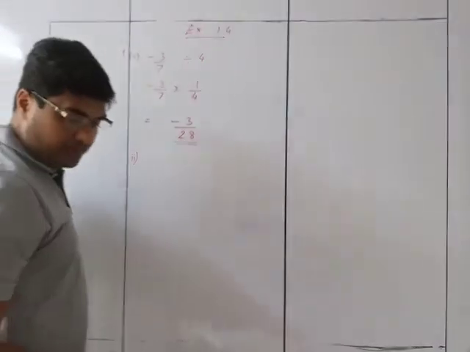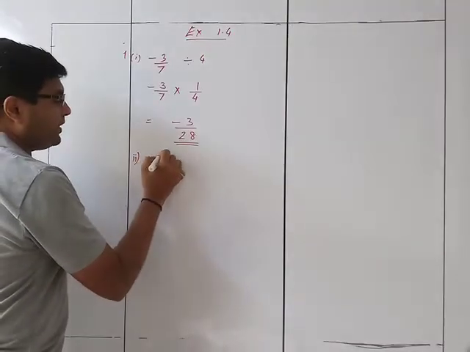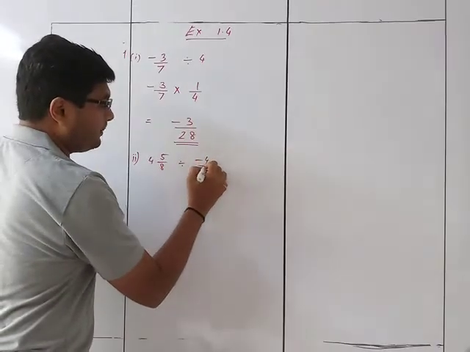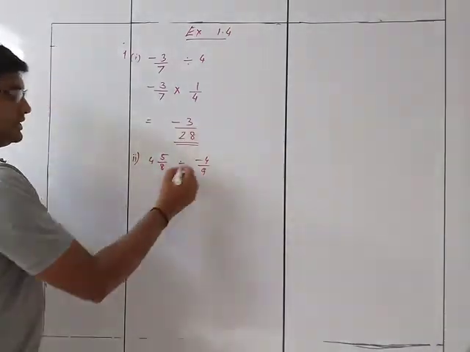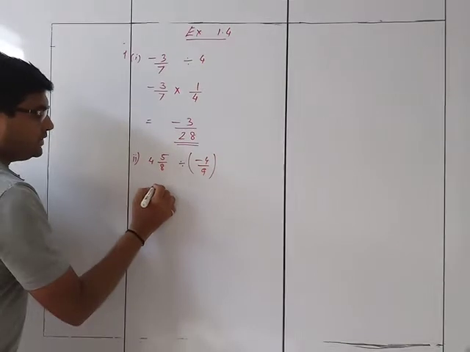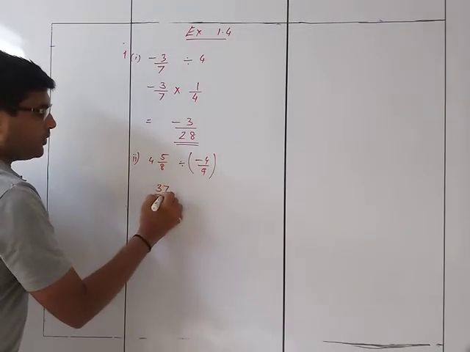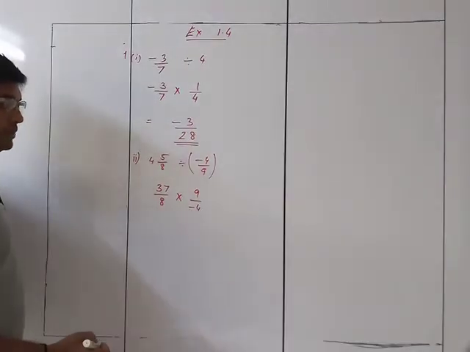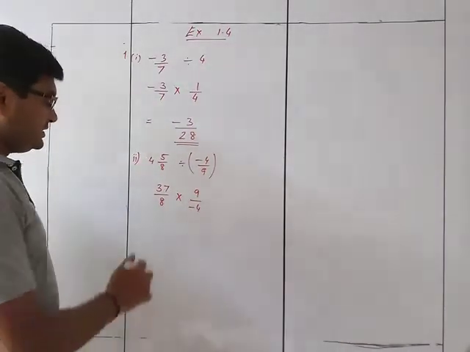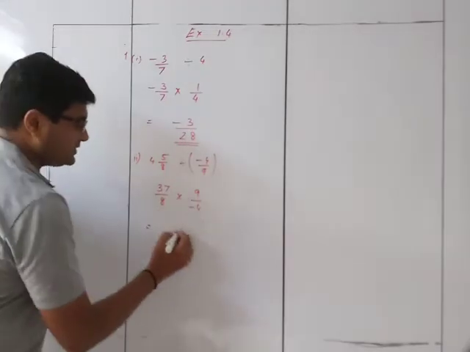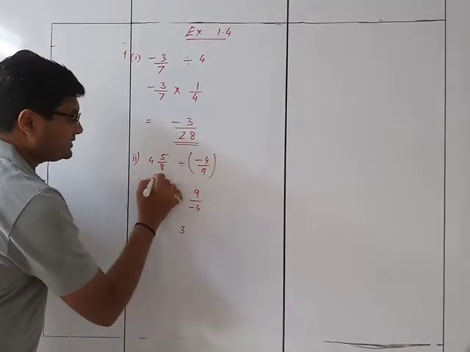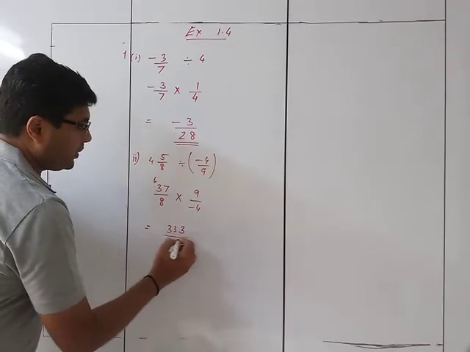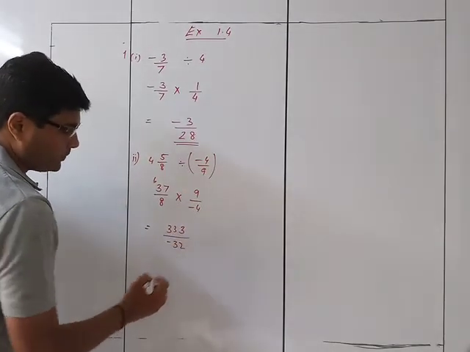We go to the next question: 5 upon 8 divided by minus 4 upon 9. Let's make it a mixed fraction: 32 plus 5, 37 upon 8 into 9 upon minus 4. This gives me 9 sevens are 63 and 9 threes are 27, so 333 upon minus 32.